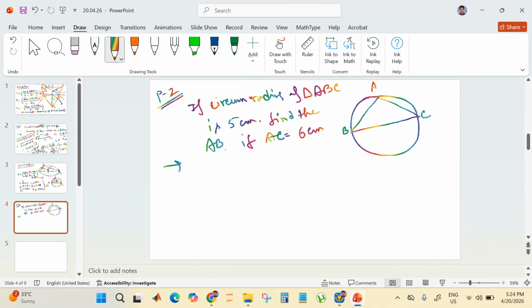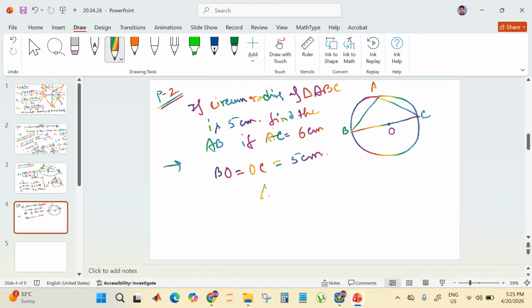Okay, see, if the circumradius is 5 centimeter, then what happens actually? This BC is basically the diameter, and O is the circumcenter, and the circumcenter lies on the longest side of the triangle. So that means BO equals OC equals 5 centimeter, right?